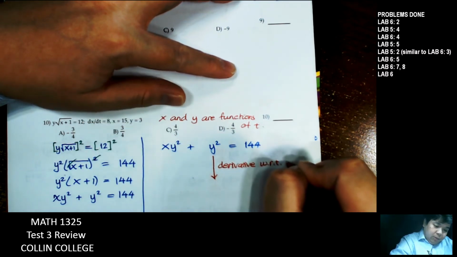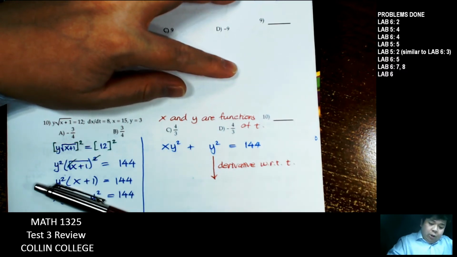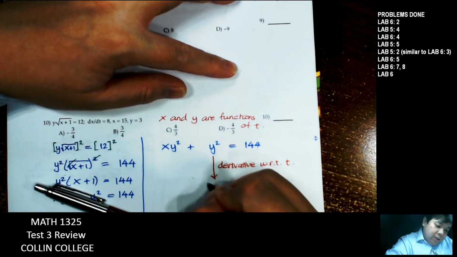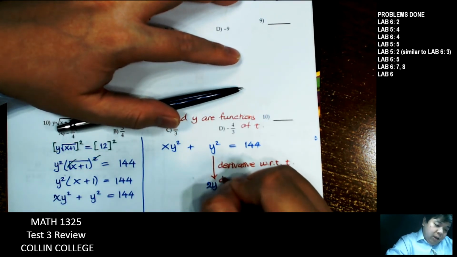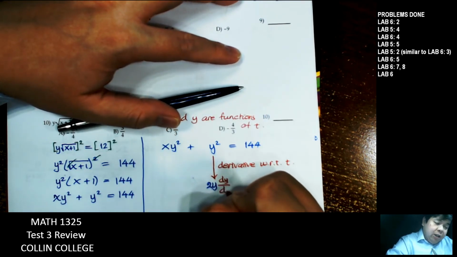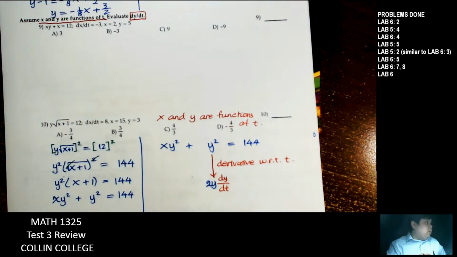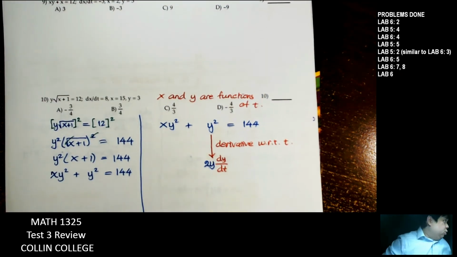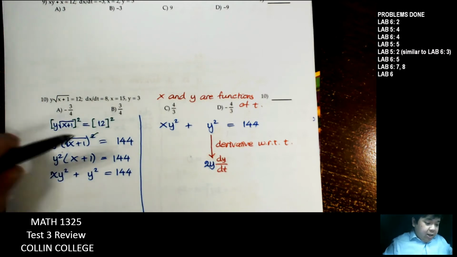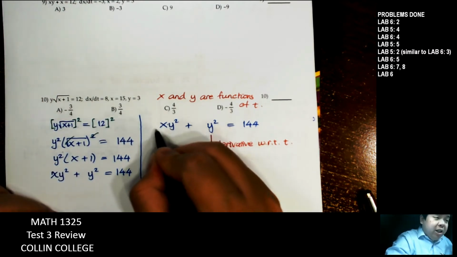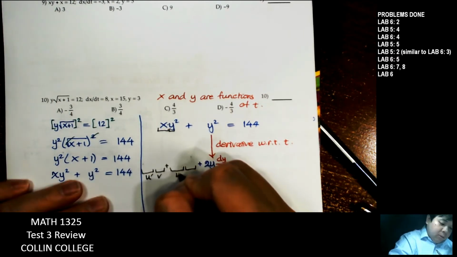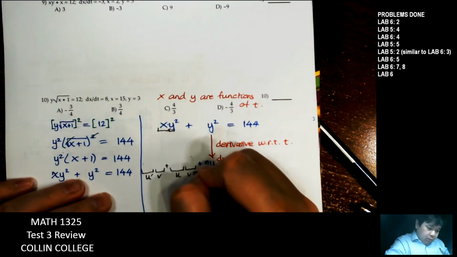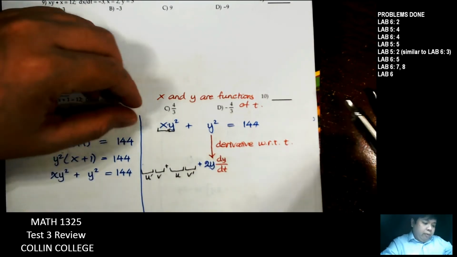Now we take the derivative. I do this one first. It will be 2y and then dy over dt. Because x and y are functions of t, we have to put that in, dy for y and then for x.